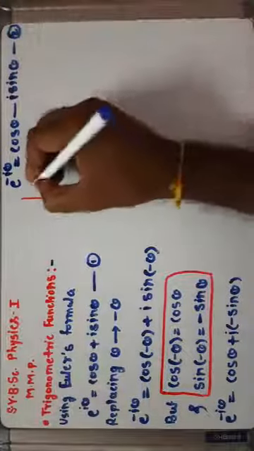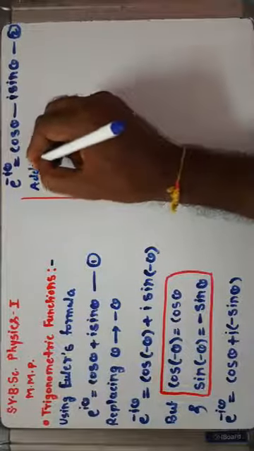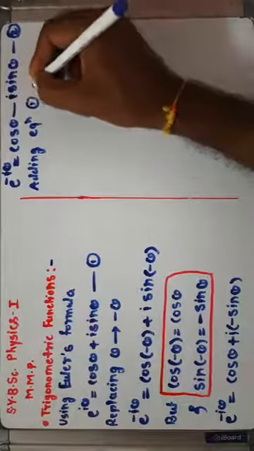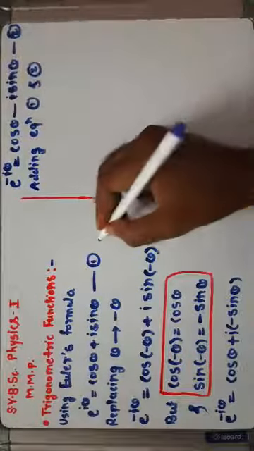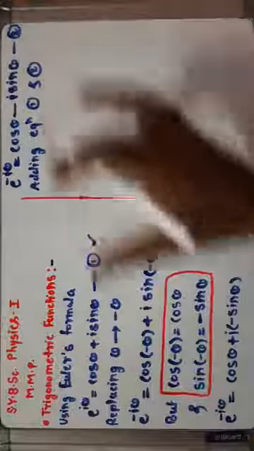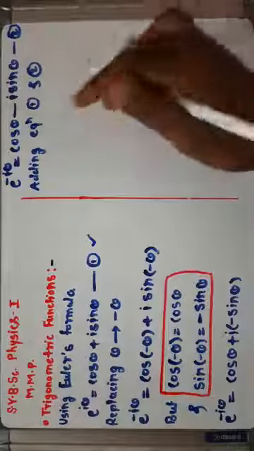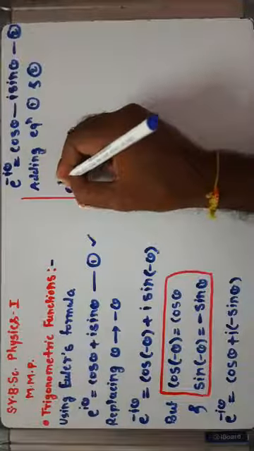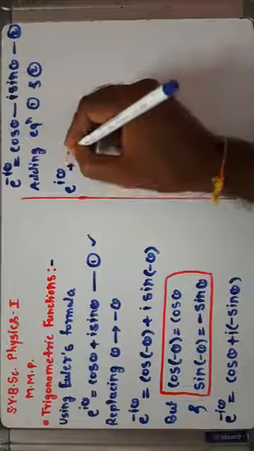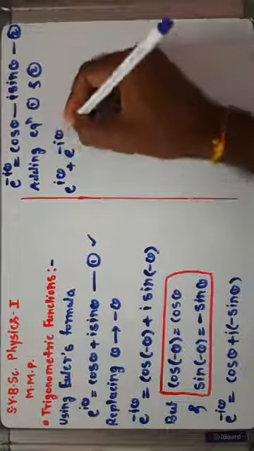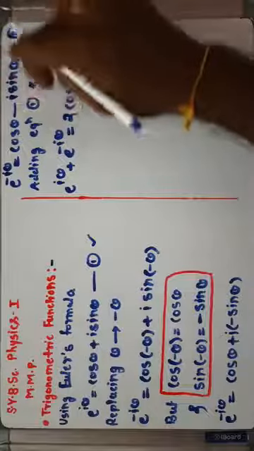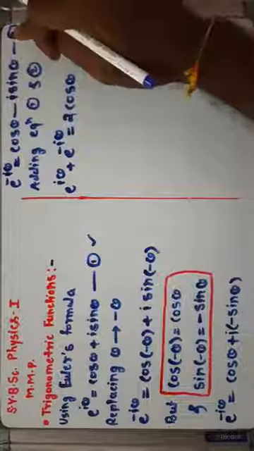Then we add equation 1 and equation 2, LHS and RHS. First, LHS: e raised to i theta plus e raised to minus i theta is equal to 2 cos theta. The i sin theta and minus i sin theta get cancelled.